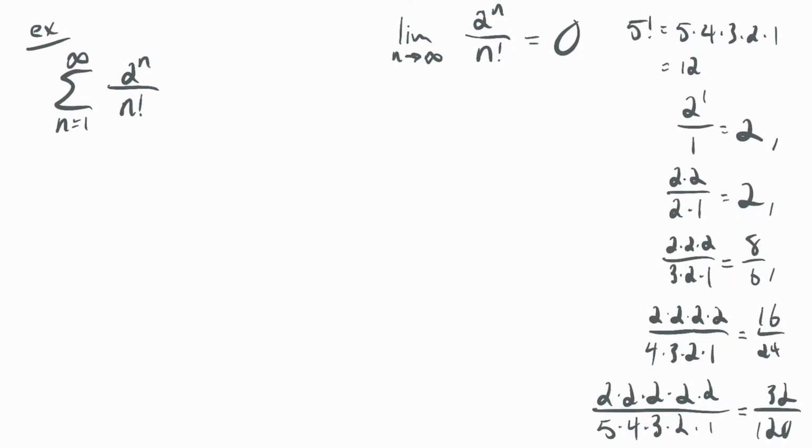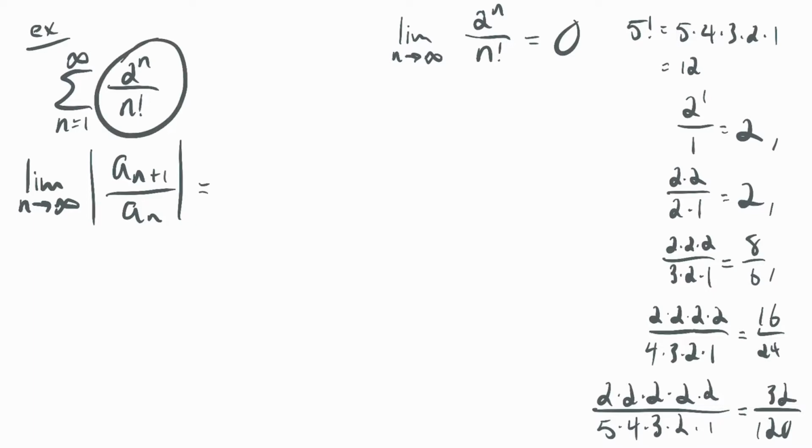Okay, so we're going to want to find the limit as n goes to infinity of the absolute value of a sub n plus 1 over a sub n. Okay. So we're going to, in the numerator, have a fraction with 2 to the n plus 1 on top and n plus 1 factorial on bottom. And then in the denominator, we'll just have this form with n as the exponent and the input of the factorial.